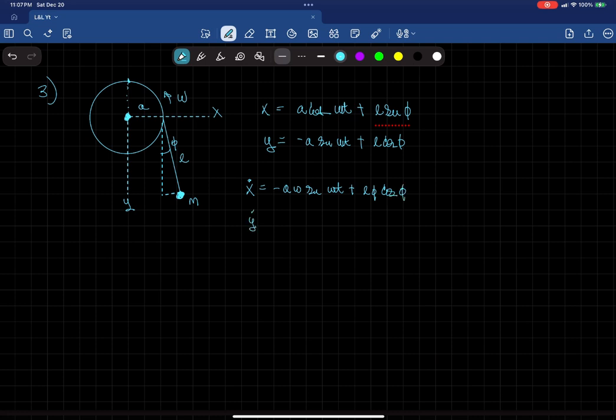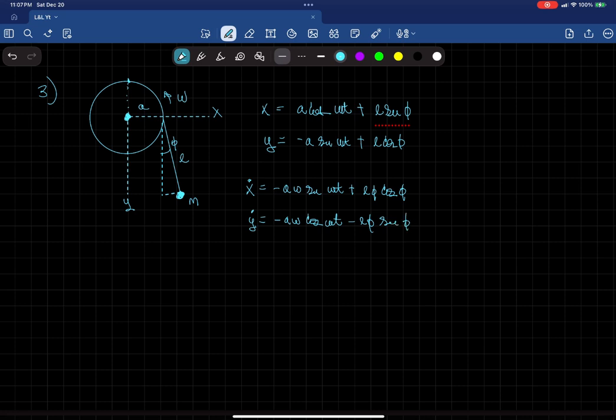And we do the same with our y dot. We have minus a omega cosine omega t plus L phi dot, and this becomes negative sine, so minus sine phi.